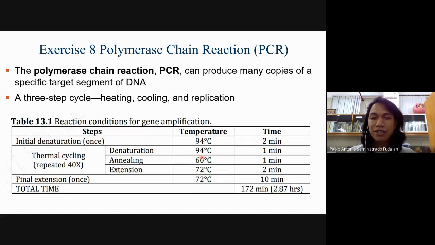Annealing means, in order for the DNA to be replicated, a primer needs to attach first to the separated strands. That can only be achieved at 60 degrees Celsius. And lastly, extension. We are now going to replicate both strands. That's at 72 degrees Celsius, and that's the work of the DNA polymerase.